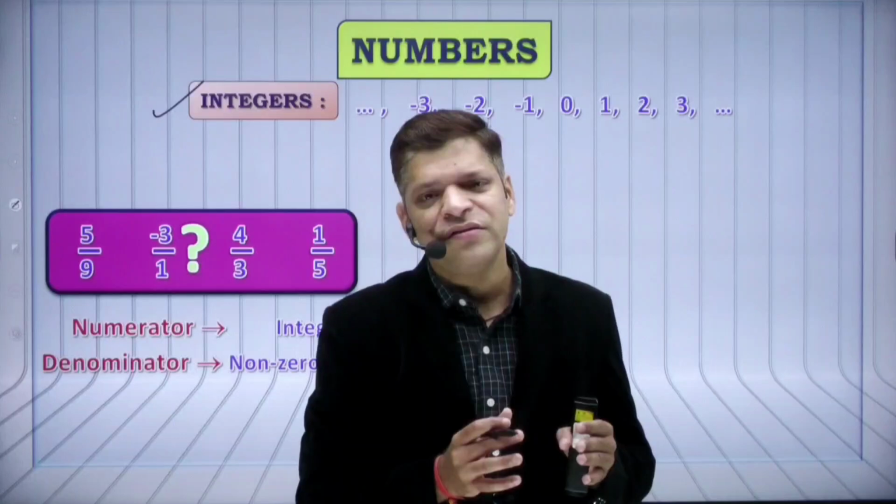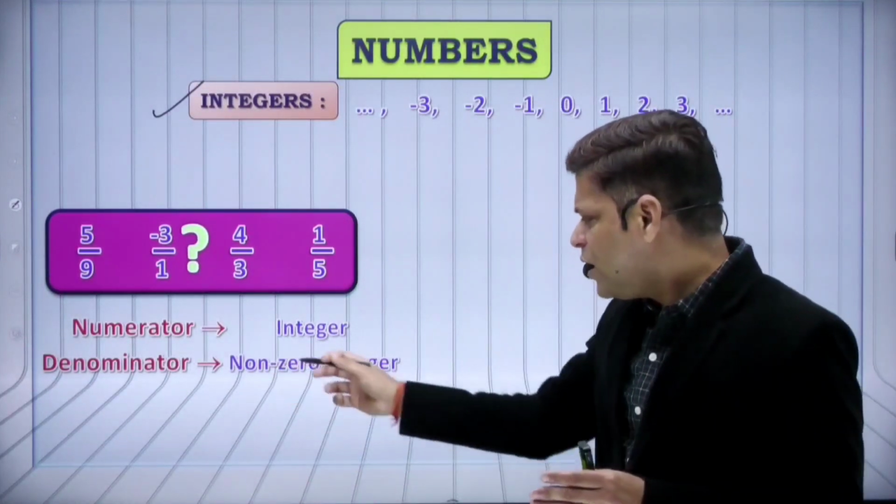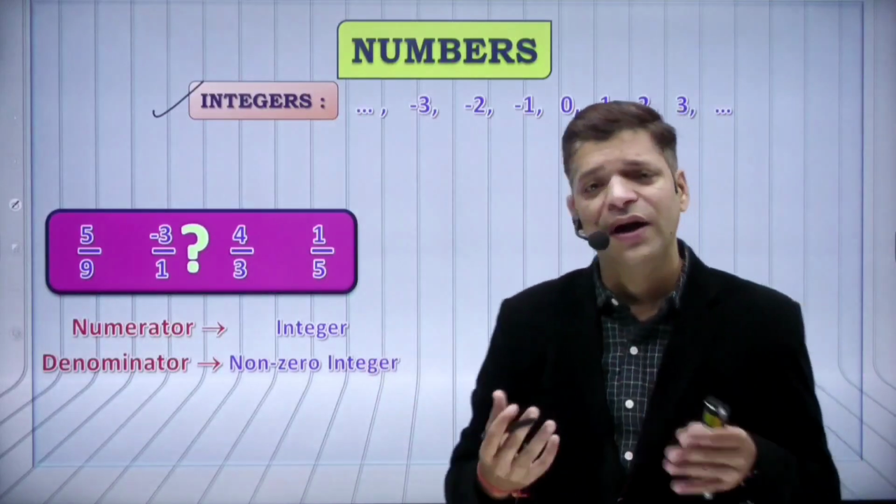The numerators are integers, and the denominators are non-zero integers. Why non-zero?